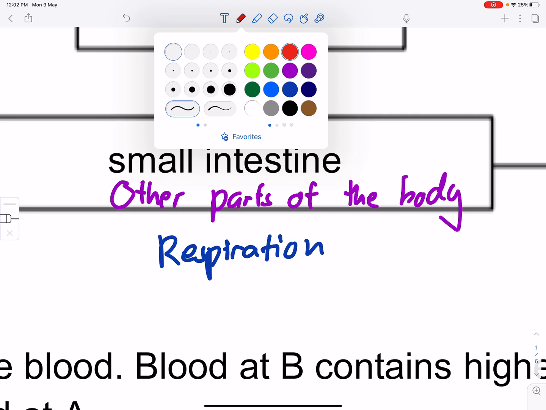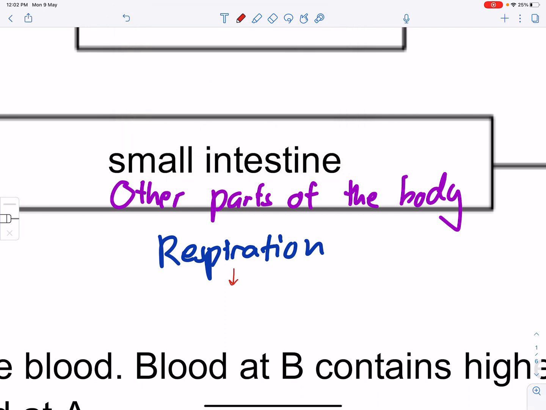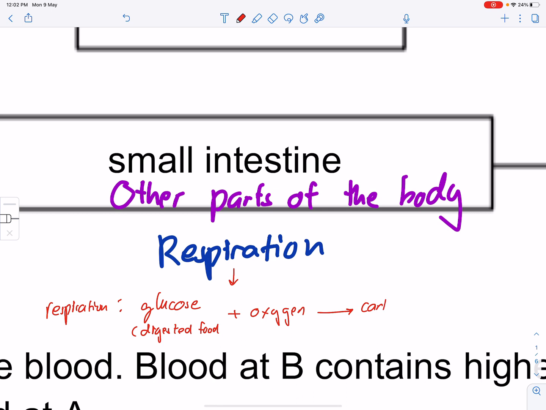So the equation for respiration would be that it will take in glucose, which is your digested food as well, together with oxygen, and then it will give out carbon dioxide together with energy and water.